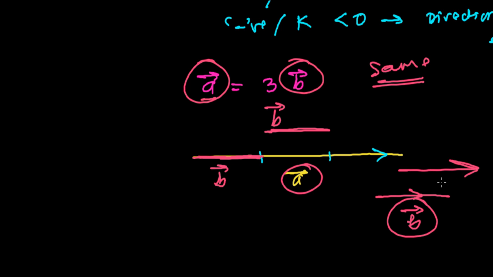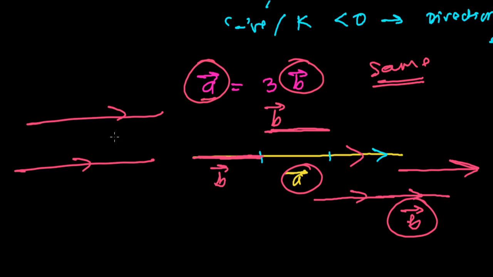This can also be explained like this: both are in the same direction, which means they may be parallel. One line is here, another line is here, both acting in the same direction, but not touching each other. Such lines are called parallel. Or if they are touching each other, if B goes just over this, then they can be collinear, or you can say coincident lines.